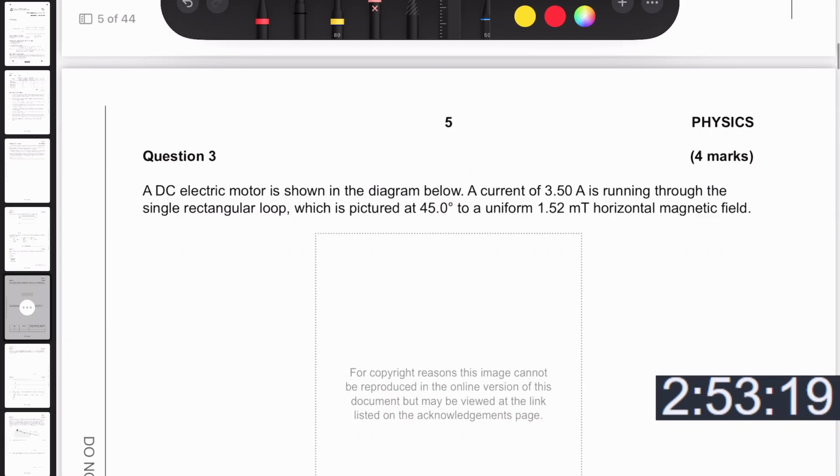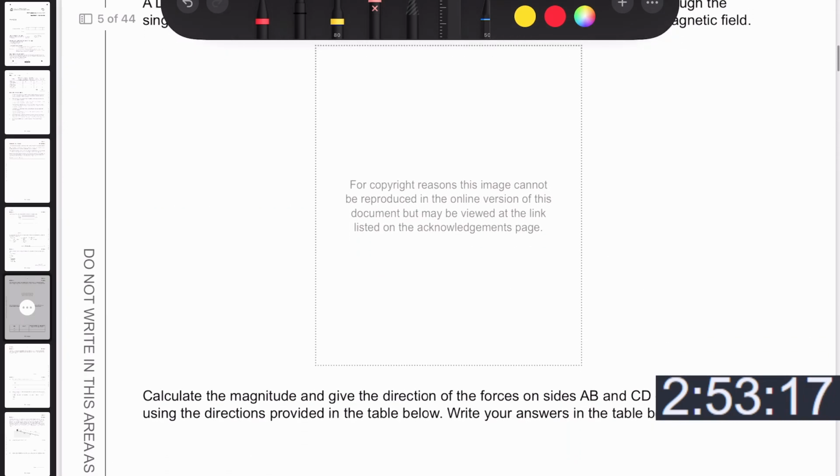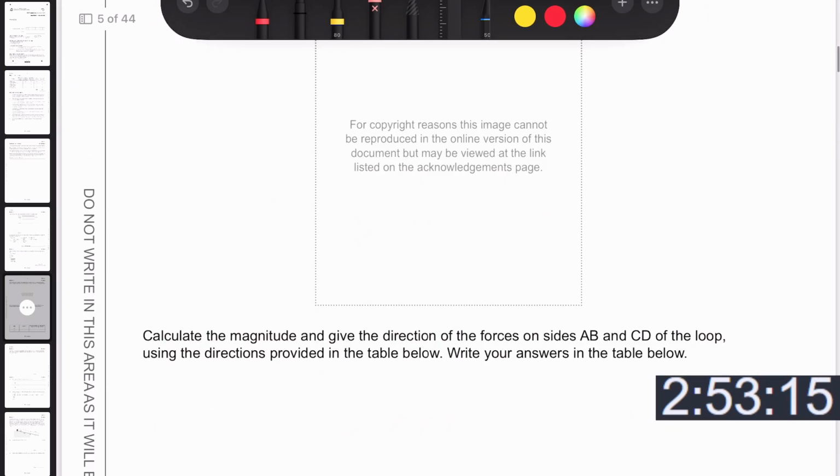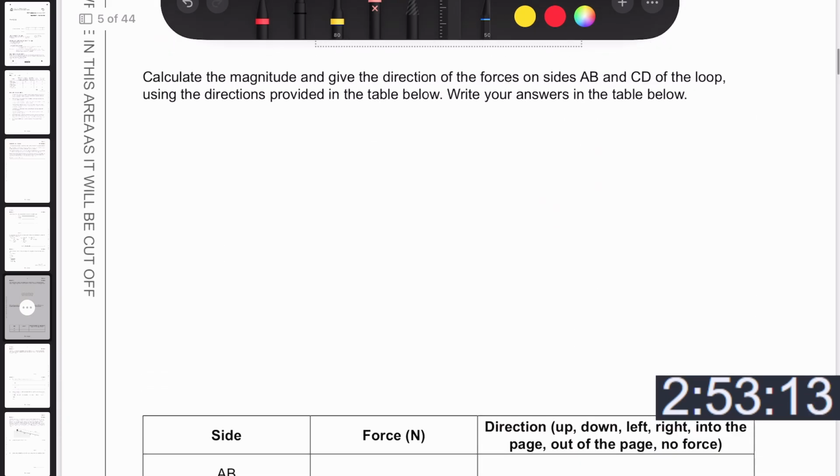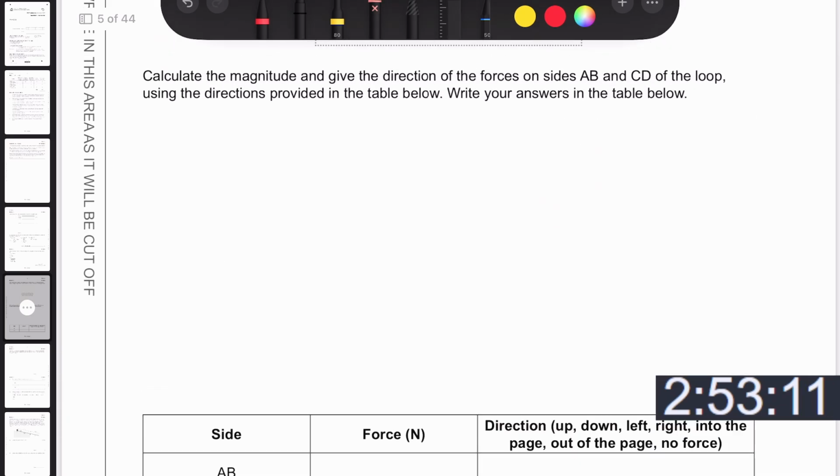Okay. DC motor is set up. Calculate the magnitude and give the direction of forces. Okay, hold on. I'm gonna have to get this up now. I'll be back.